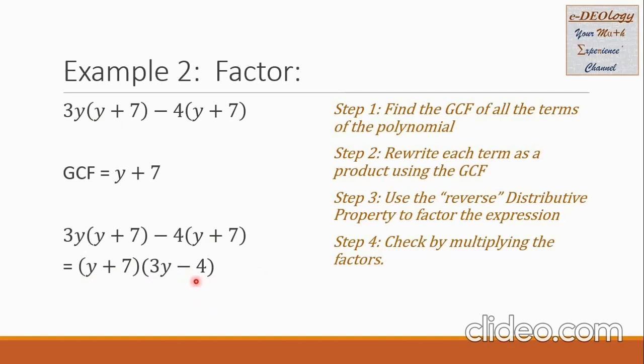And then this negative 4 multiplied by the GCF here, I will get the second group, the negative 4 times the quantity y plus 7. So now I am sure that these factors are correct, and this is our final answer.